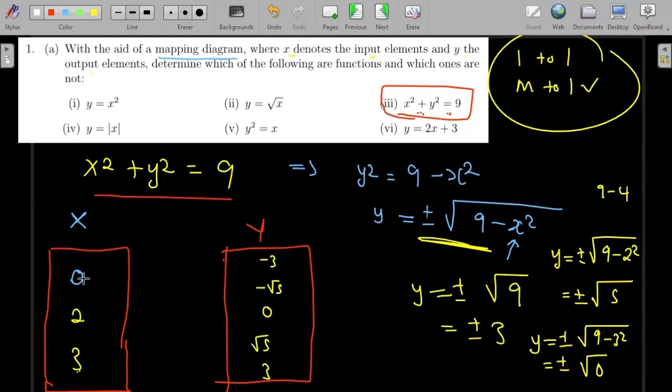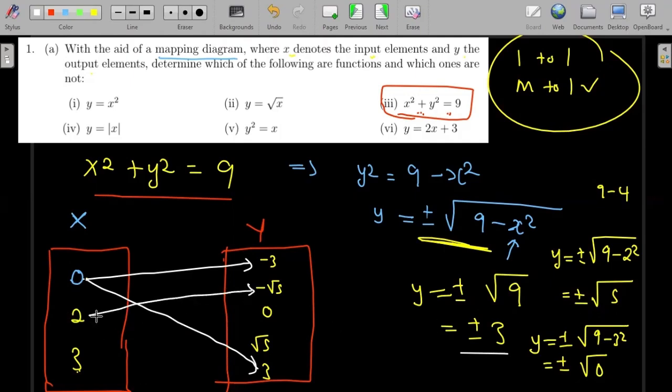This 0 maps to two things: when my x is 0, we found positive 3 or minus 3. If my x is 2, we said we are going to find plus root 5 or minus root 5, so I'll go to minus root 5 and positive root 5. And if my x is 3, I'm just going to 0.